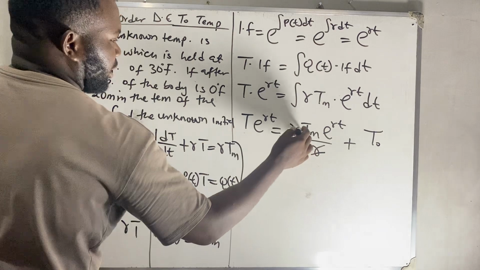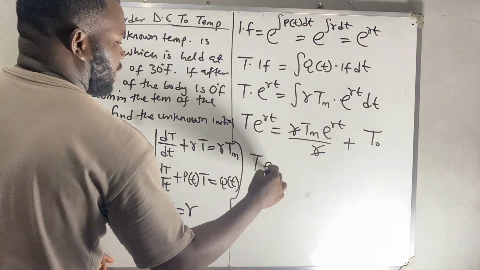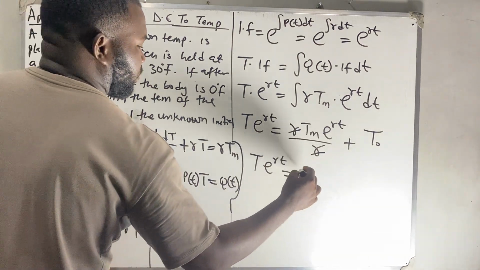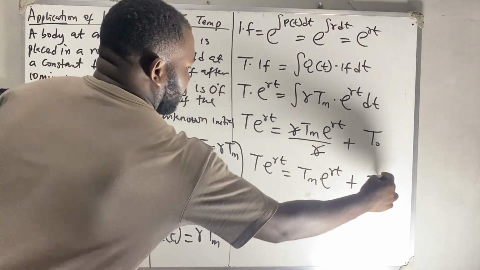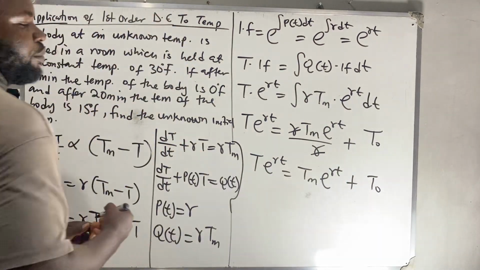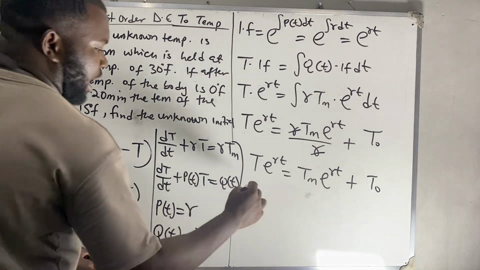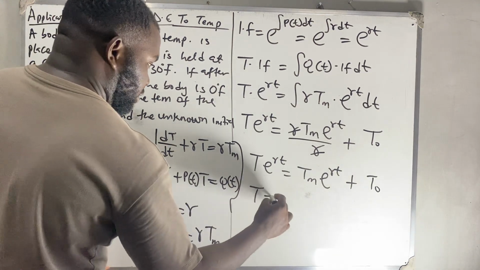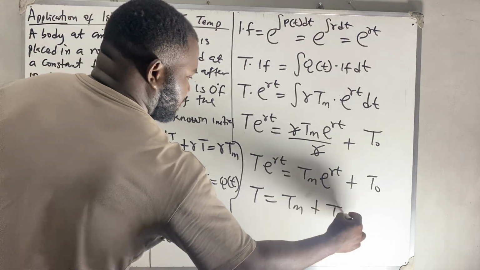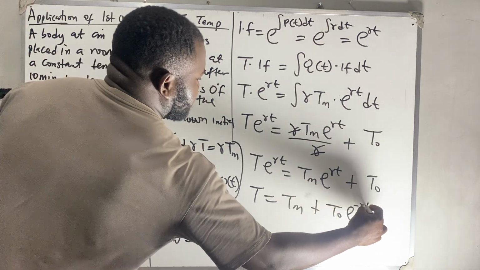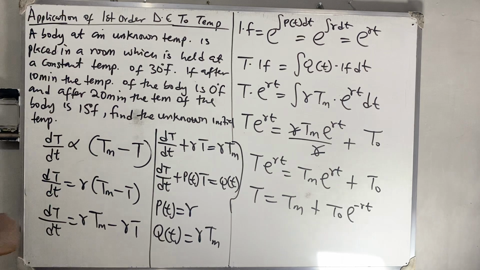So you see that this is taking care of this. I'm having that T exponential rt is equal to Tm exponential rt then plus T naught. So if you divide everybody by exponential rt, I'm going to be having that T is equal to Tm is remaining here plus T naught exponential minus rt. Okay, that is my equation.